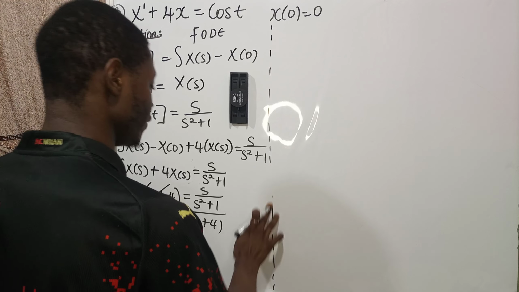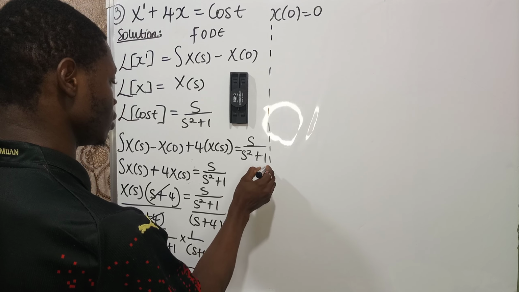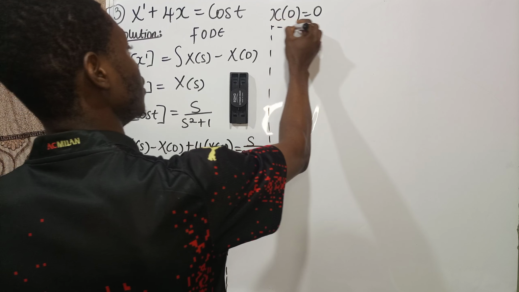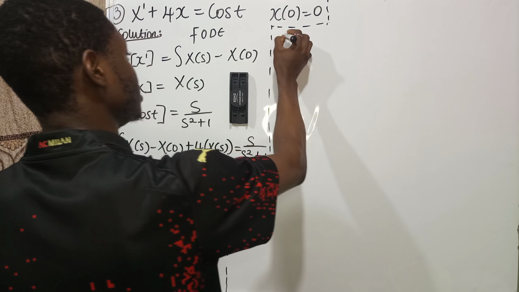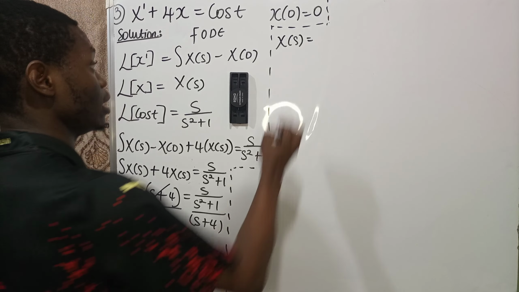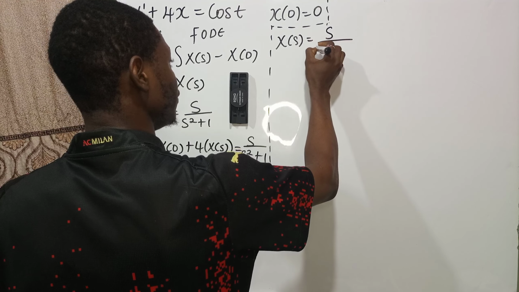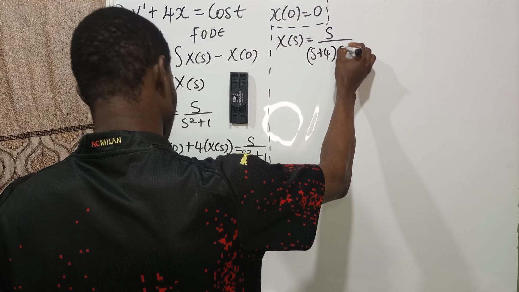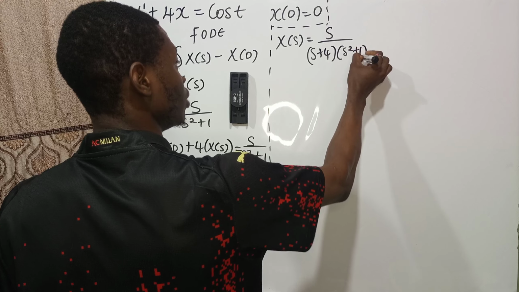So we are going to have X of s equal to s all over s plus 4 times s squared plus 1.